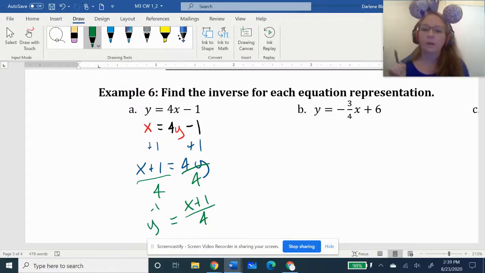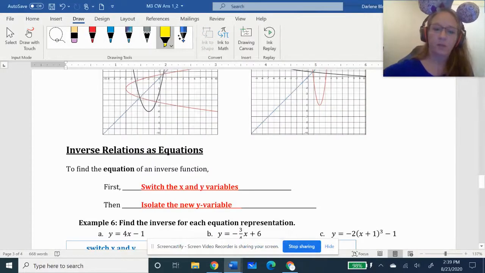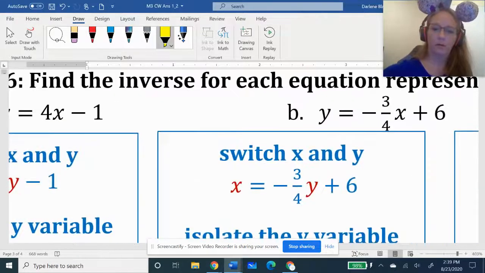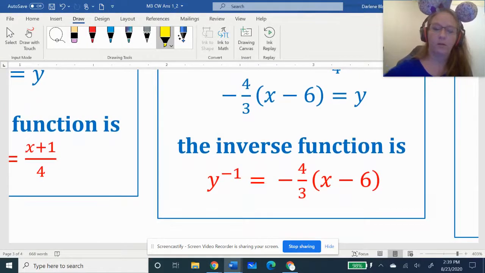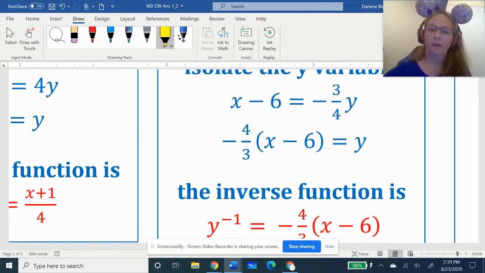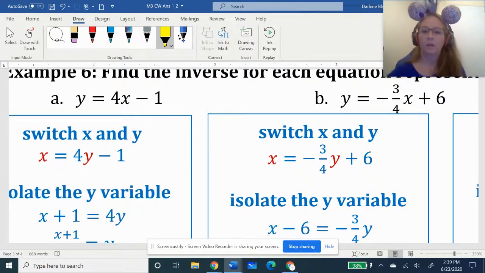Okay. Now, maybe you just want to check your answers. So your answer for part B, right there. And so if you need a little bit of help getting through that, again, you first switch the x and the y, and then your goal is to isolate the y variable.